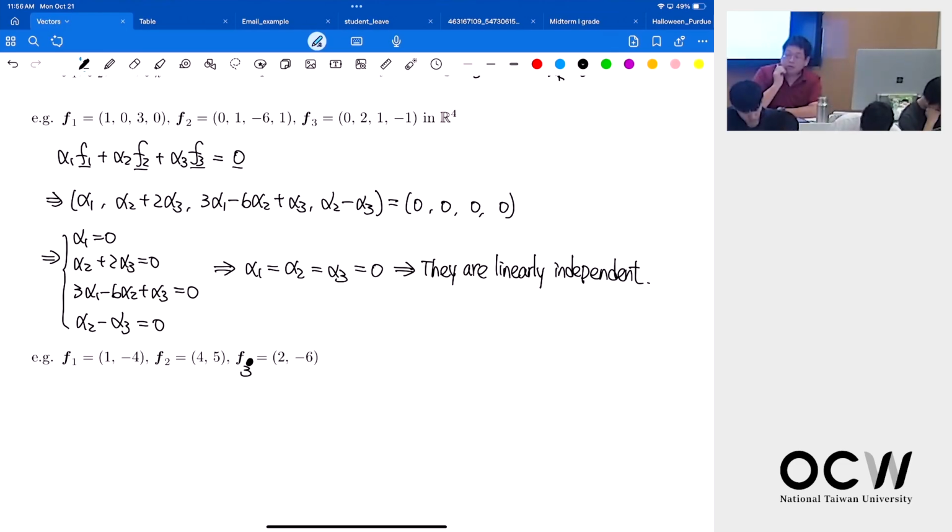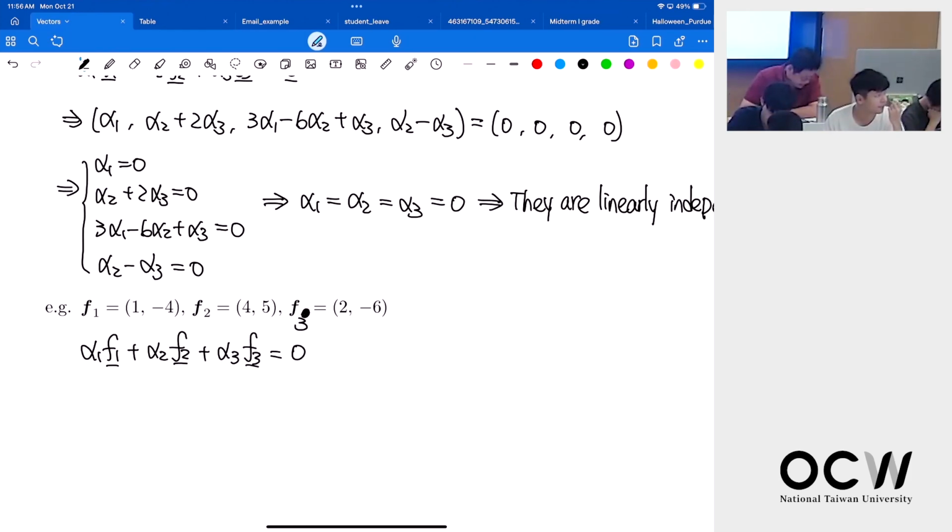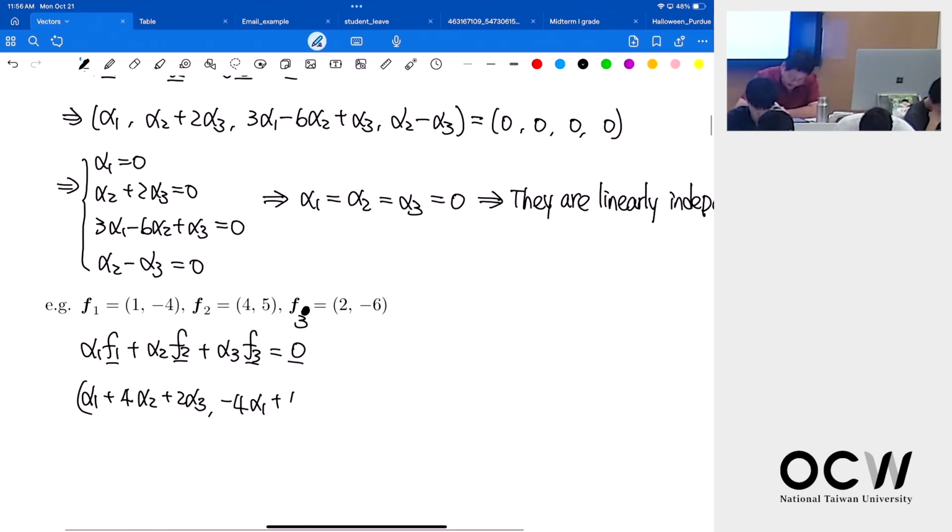To check that, we need the coefficients: alpha 1 f1 plus alpha 2 f2 plus alpha 3 f3, and it should be a 0 vector. Now compare the coefficients. Alpha 1 plus 4 alpha 2 plus 2 alpha 3, and then the second component will be minus 4 alpha 1 plus 5 alpha 2 minus 6 alpha 3.